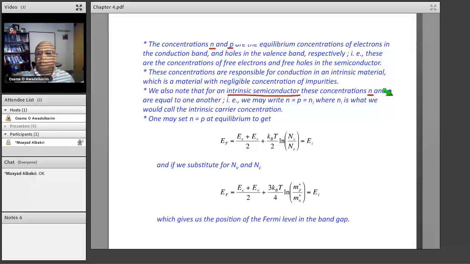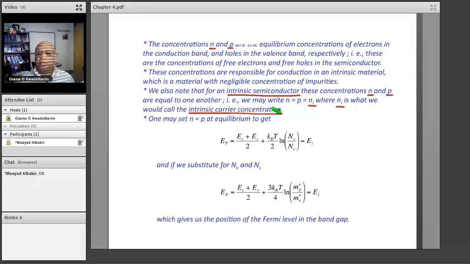So that concentration number, let's call it N sub I. N sub I is a carrier concentration, which we call the intrinsic carrier concentration. The carrier can be an electron or a hole. Intrinsic meaning it's for an intrinsic semiconductor.